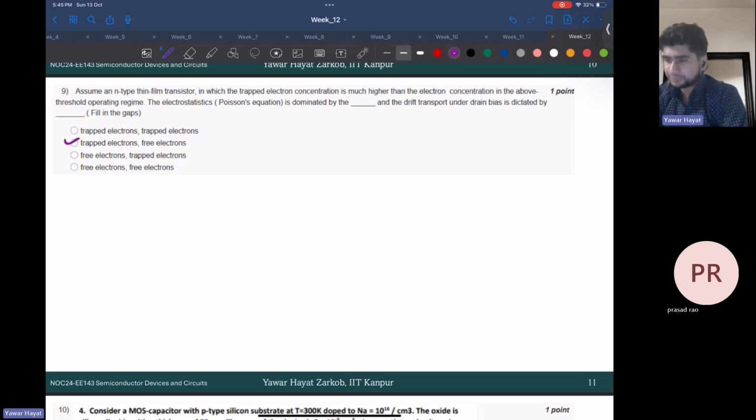right? So this one is trapped because your trapped electron concentration is the one that dominates. As for the drift transport, since your trapped electrons are not free to move, the drift transport under drain bias is dictated by your free electrons, because free electrons can move.